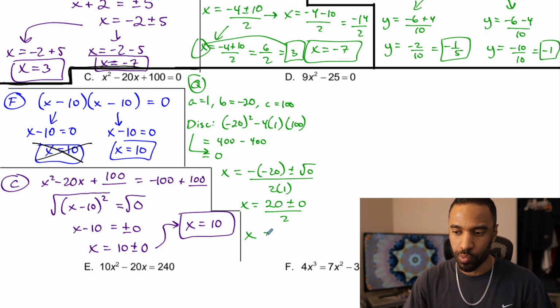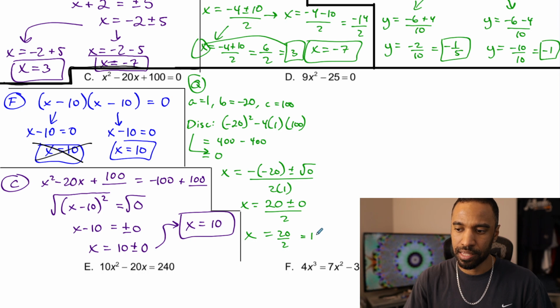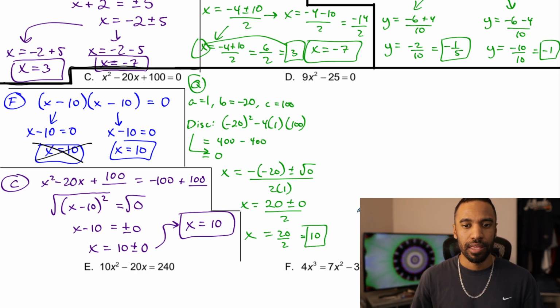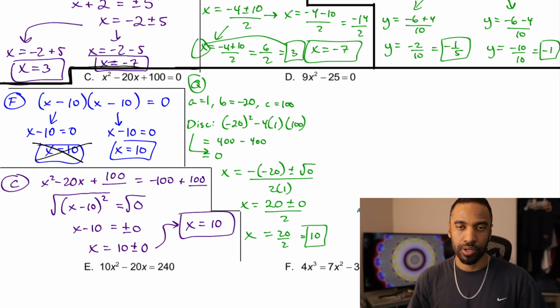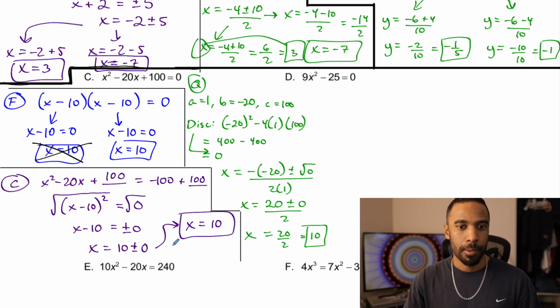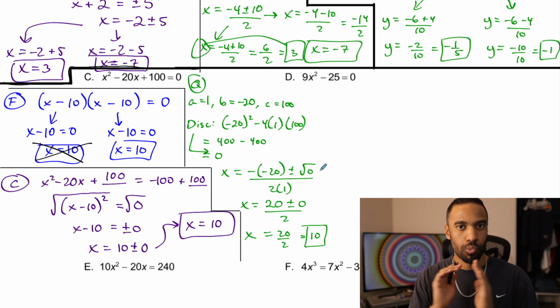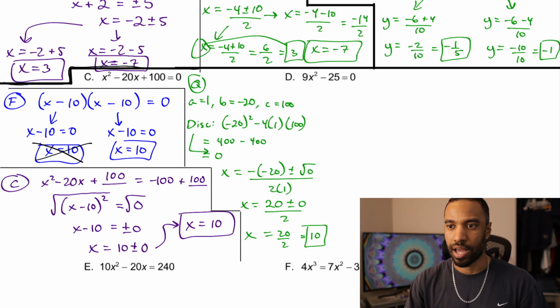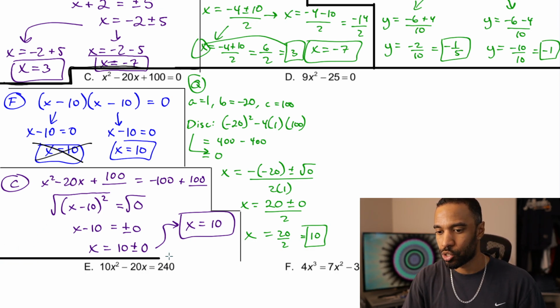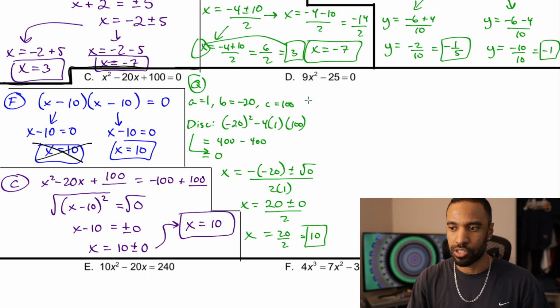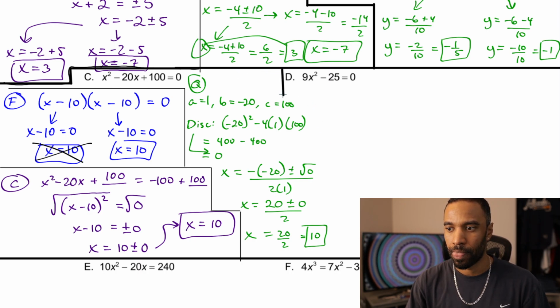Subtract 0, you still get 20. So 20 over 2 is 10. X equals 10. That's why a discriminant of 0 gives you one real solution only, because you're not adding or subtracting anything. Square root of 0 is 0, and adding 0 to that still leaves you with the same value. So that's why you get that result.